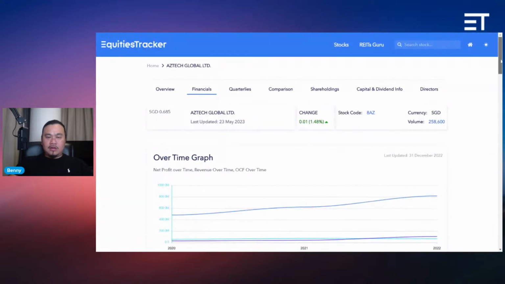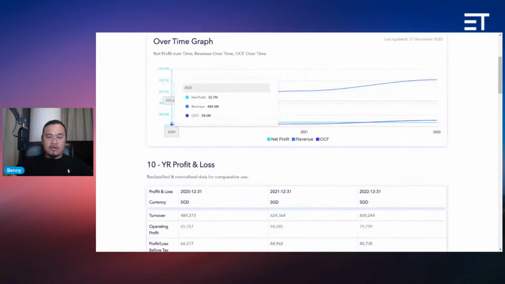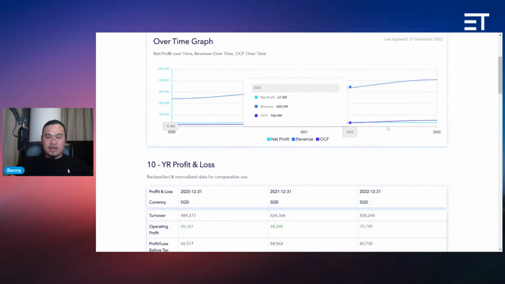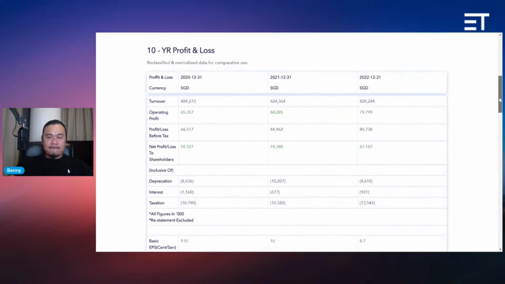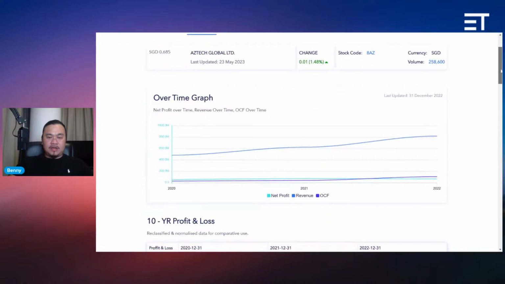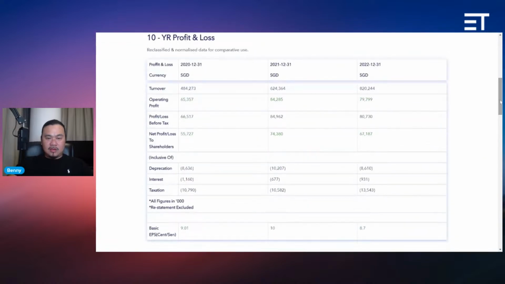Okay, over the long run, this company is doing quite okay, right? The revenue has been increasing, net profit has also been increasing, but again, this is probably a hardware company, and therefore margins are quite low. It's quite a new company, 2020 to 2023. Turnover when it was listed in 2020 was 400 million, and has gone up by almost double, probably about 80%. Profit has also gone up.